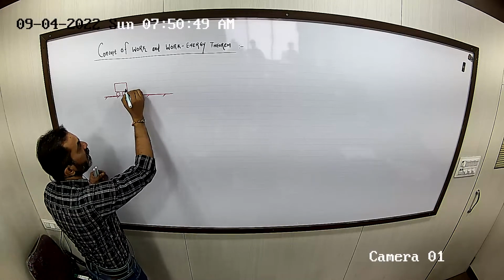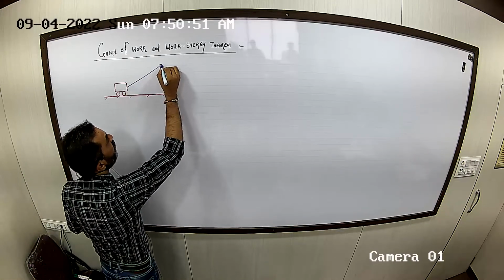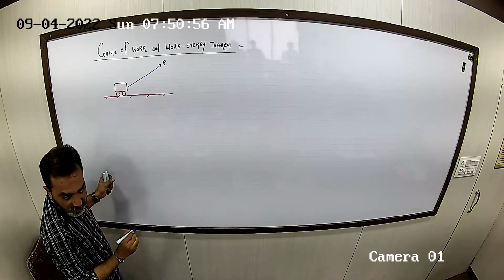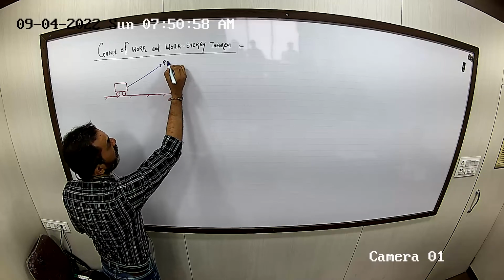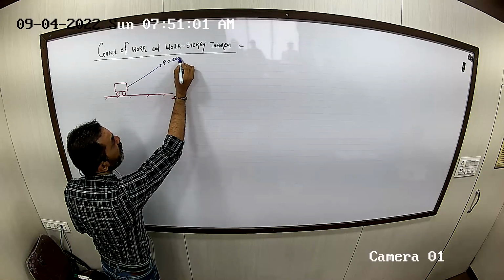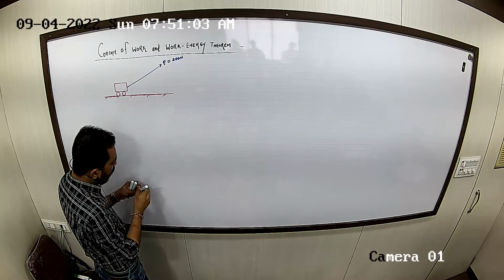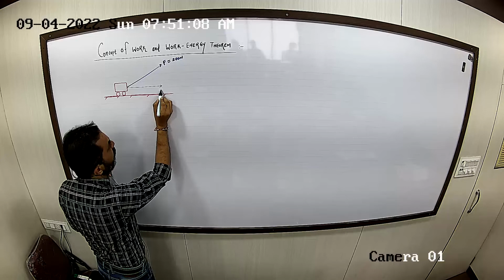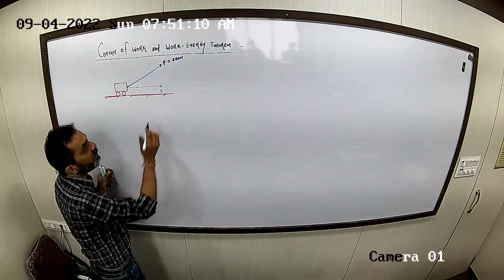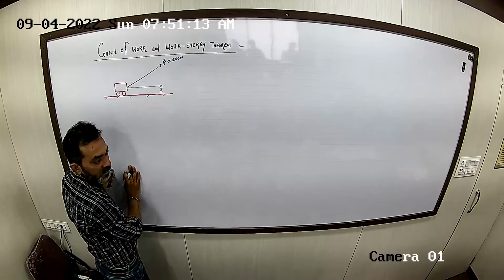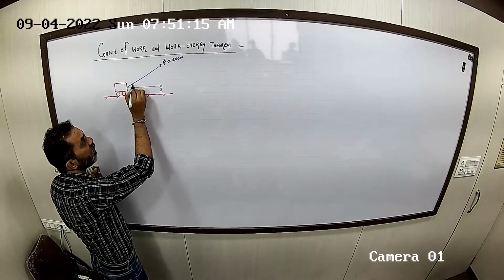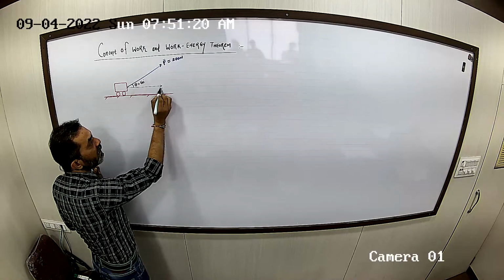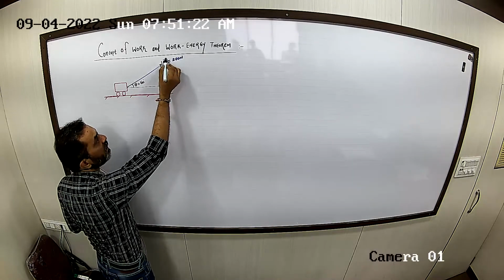Can you recall, this toy car is pulled by applying some force in this direction. Let's say the force is 200 Newton, but this toy car is getting displaced horizontally. The displacement is in this direction. Both are vector quantities, such that the angle between them is, let's say, theta, which is equal to 60 degrees, and the magnitude of displacement is, let us say, 3 meter.